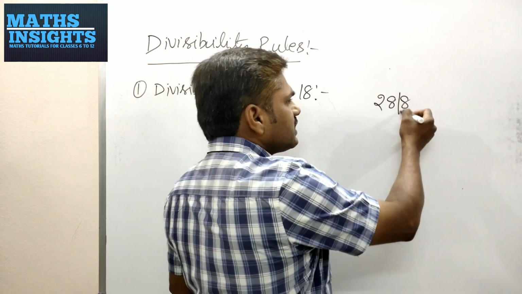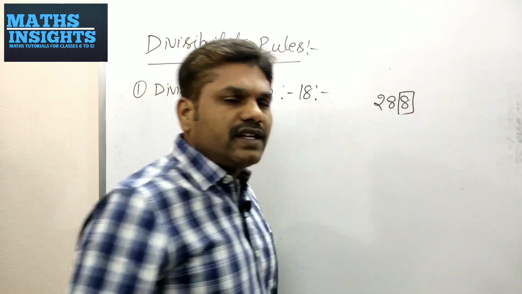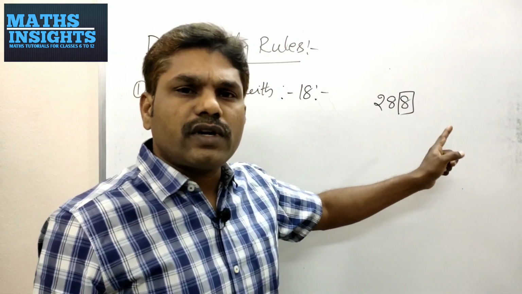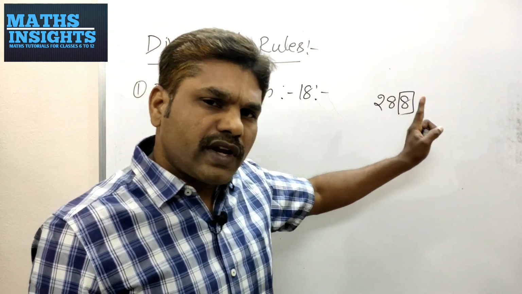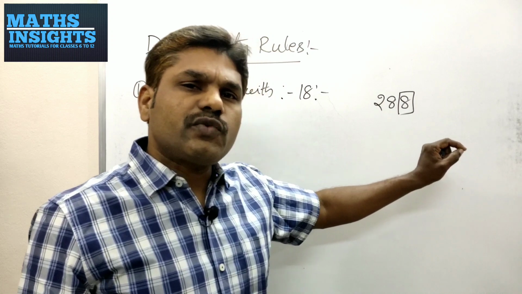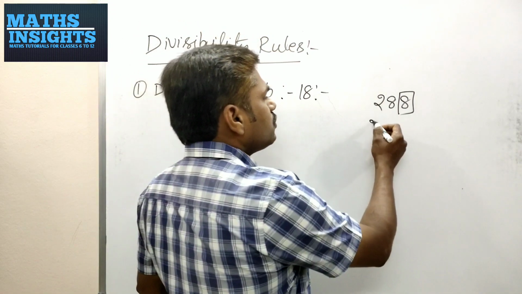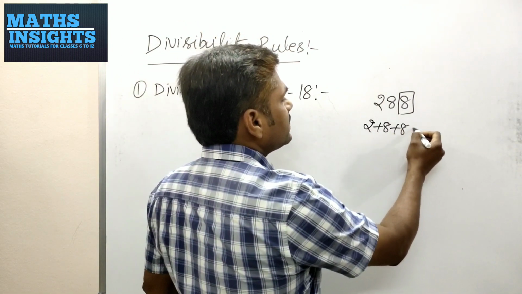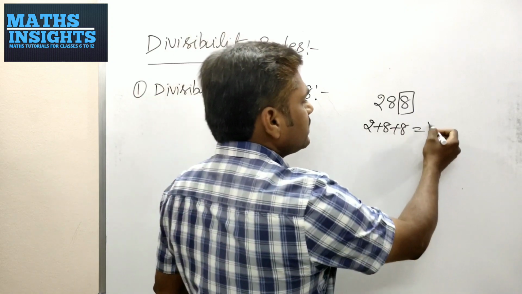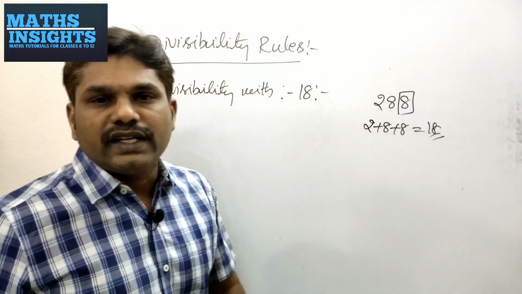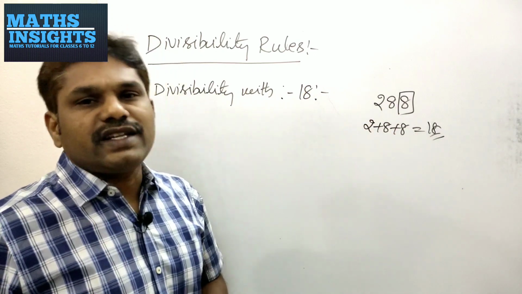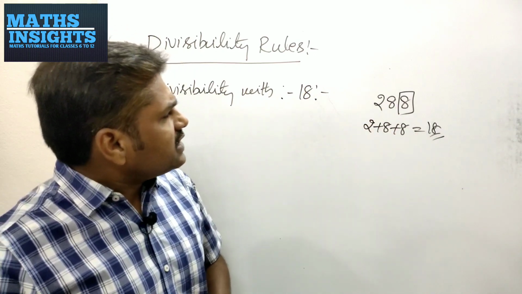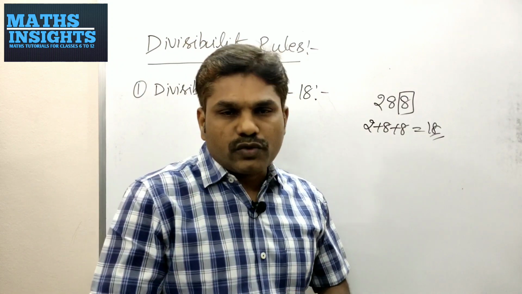It is an even number, so the first condition is satisfied. Then check whether it is divisible by 9. You know the divisibility test for 9. 2 plus 8 plus 8 equals 18. It is divisible by 9, so this number is also divisible by 18. So 288 is divisible by 18.